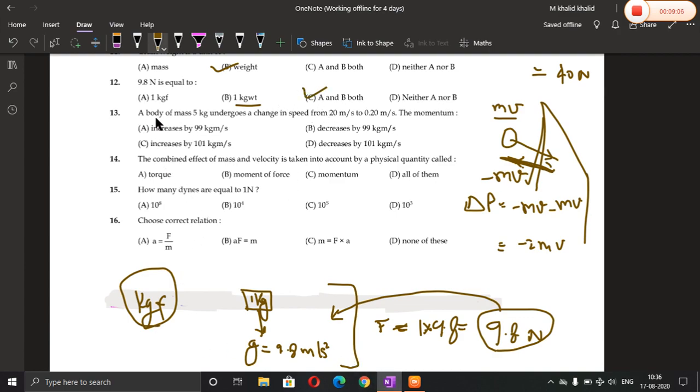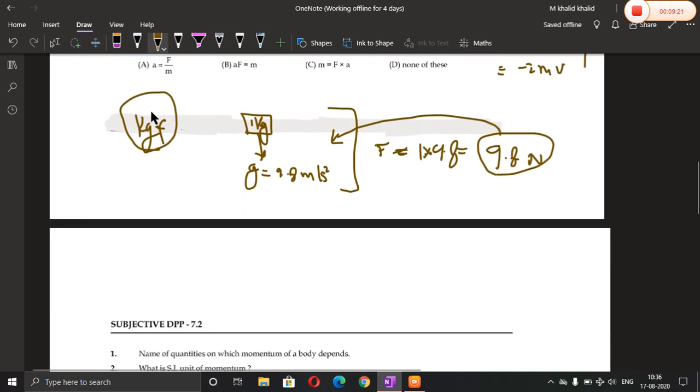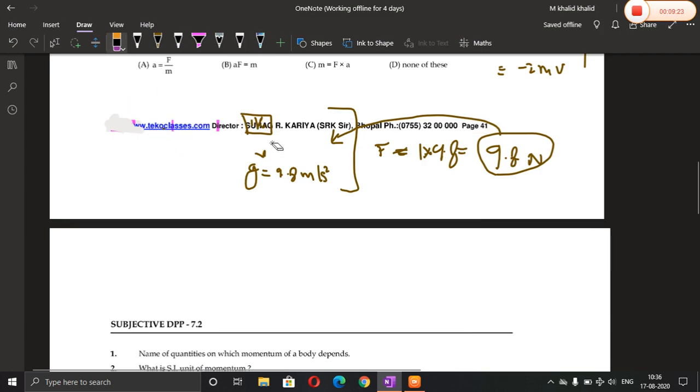Next question. A body of mass 5 kg undergoes a change in speed from 20 meter per second to 0.2 meter per second. Now we have to find the change in momentum. So let us first delete all this.